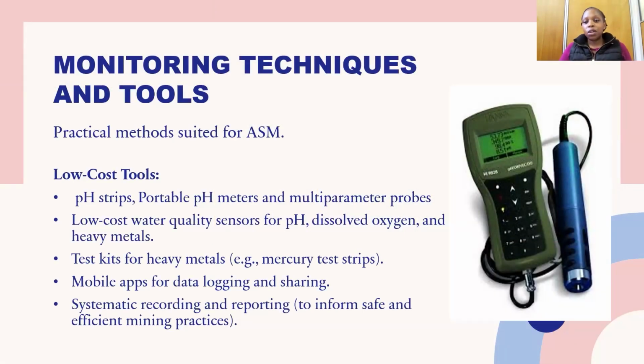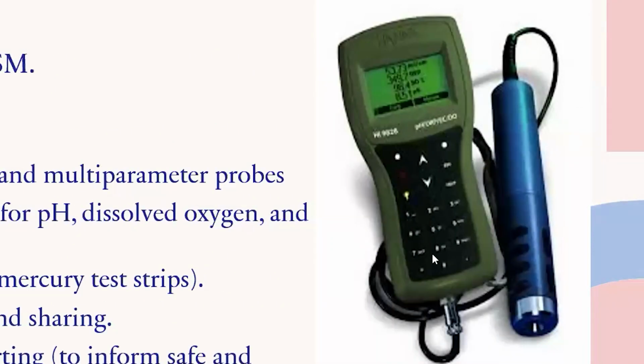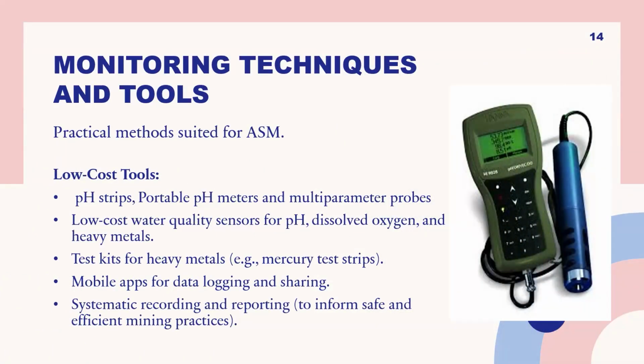And then we also have some multi-parameter probes like the one that is shown in the picture there. These multi-parameter probes allow you to measure a number of parameters, which includes the pH.